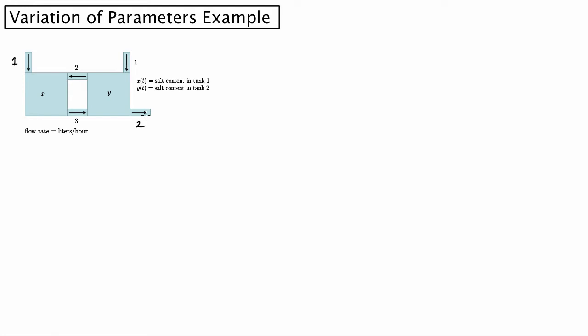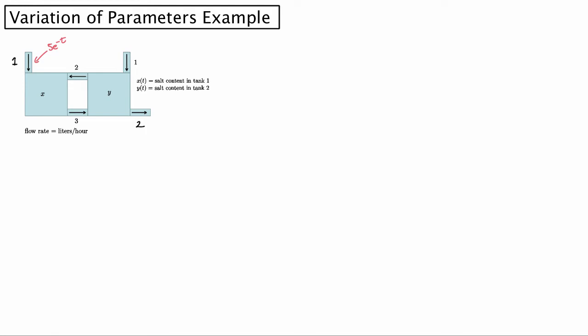But I'm going to introduce a little bit of salt via the fact that coming in to X from the outside is salt with a concentration that decays over time. I'm going to give that starting concentration as 5e to the negative t, in terms of grams of salt.